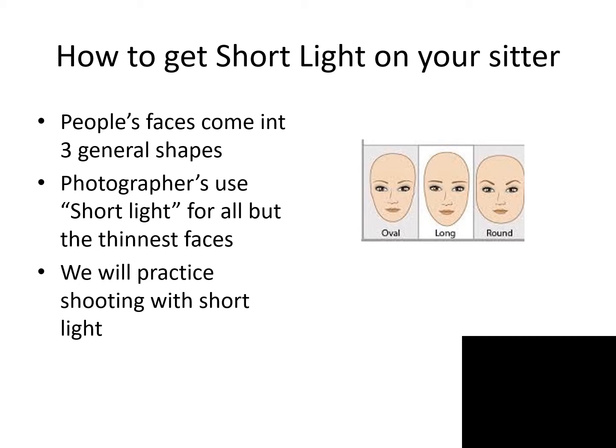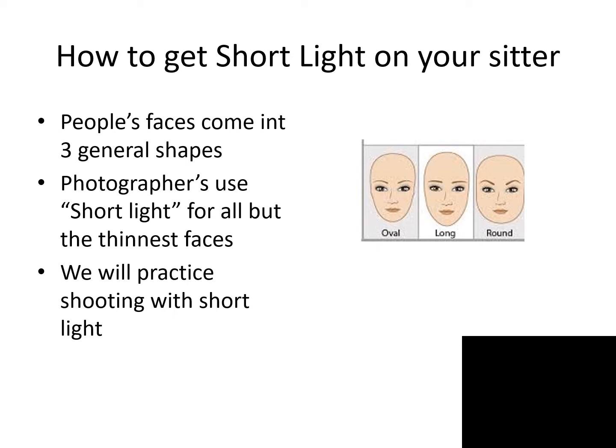One thing to do is look at the general body. If the body is round, the face is going to be round. If the body is basketball thin, slender, skinny, then probably the head is going to be narrow. If everything is in between, then chances are the face will be oval.